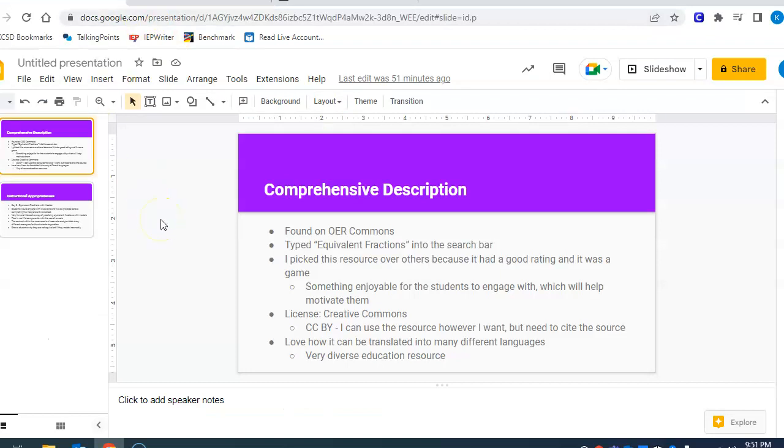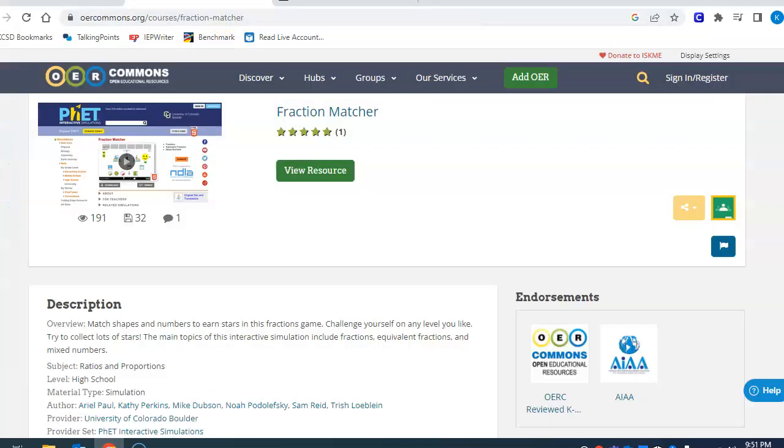And a few reasons I picked this resource over others was because it had a good rating, which, as you can see, it's 5 stars out of 5 stars, and I do recognize that there has only been one person that has rated this resource, but if I were to rate this resource, I would give it a 5 out of 5 as well.